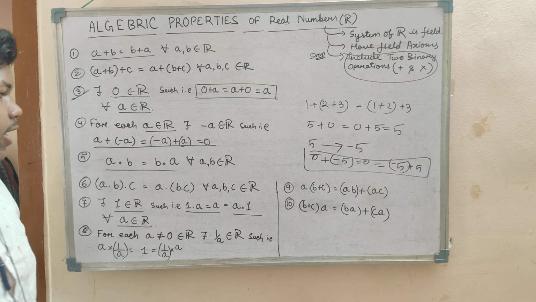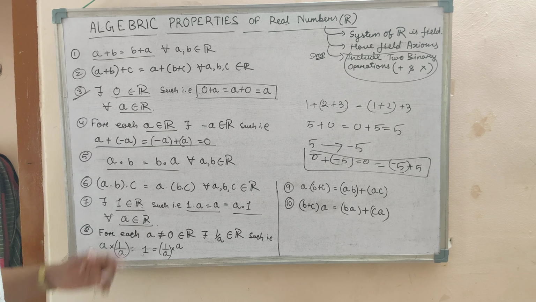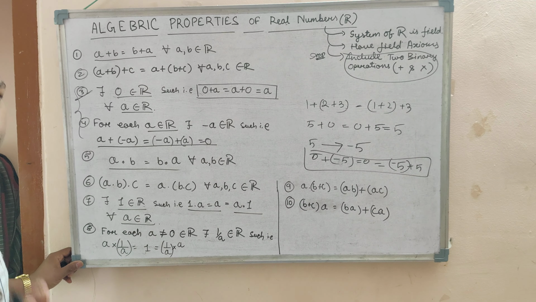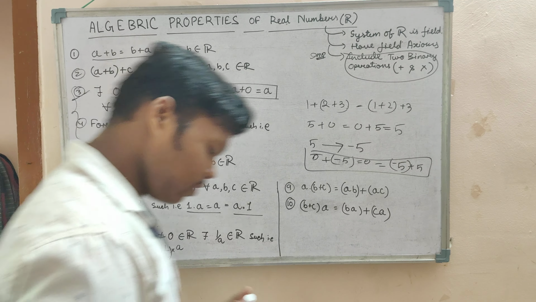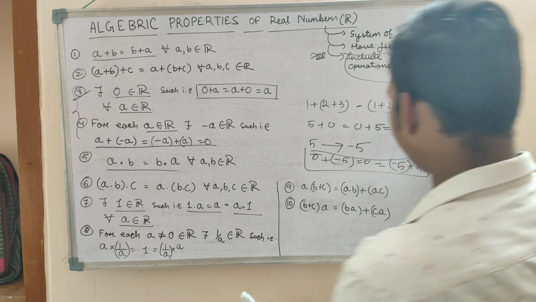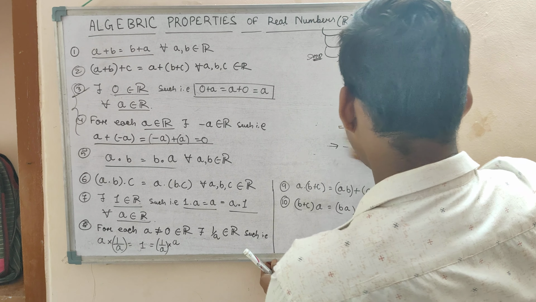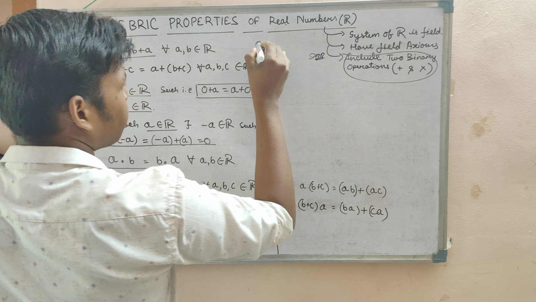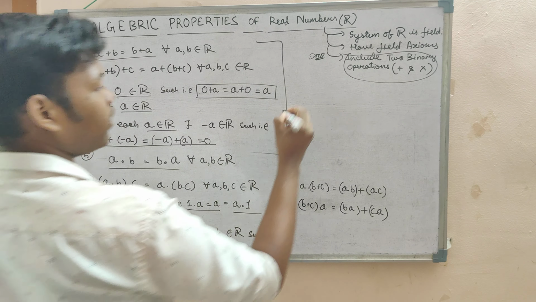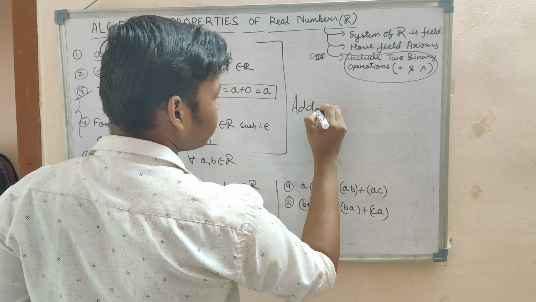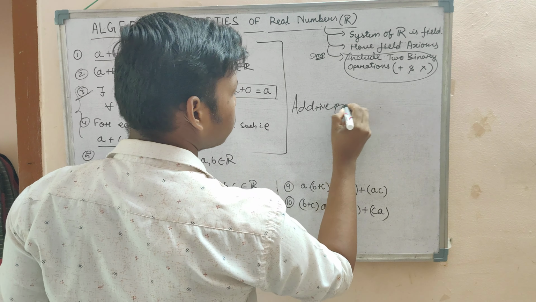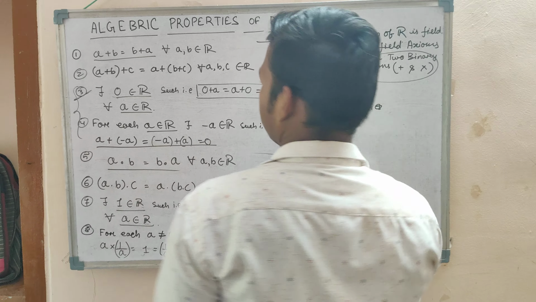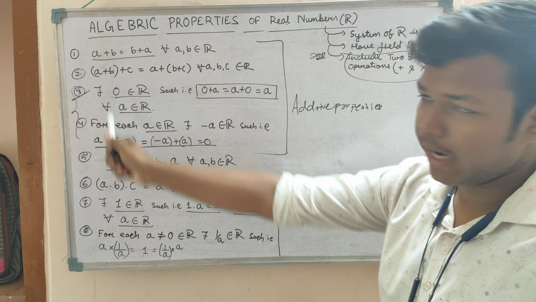This is the existence of 0 and negative numbers. These two properties are somewhat important. All these 4 properties we studied now are additive properties, or you can say real numbers over additions.